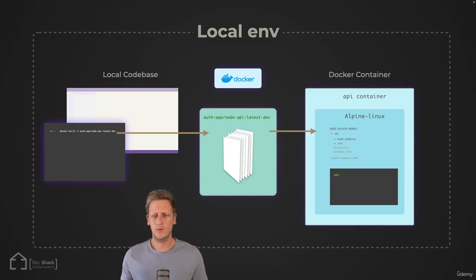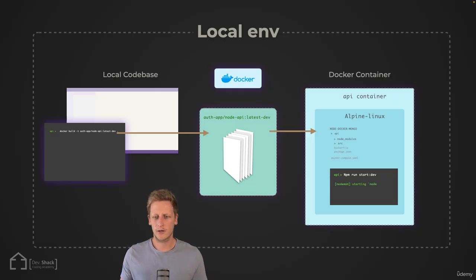This creates a Docker container that's running on our local machine. Within the Docker container are all those files and folders that are comparable to our local code base, because it's a snapshot of it. And so those files and folders are now housed within the Docker container.